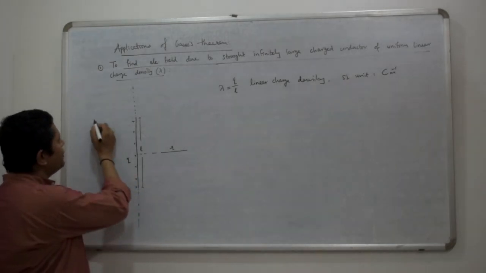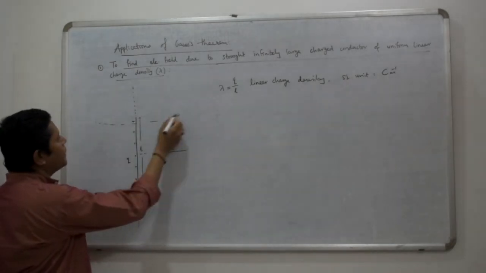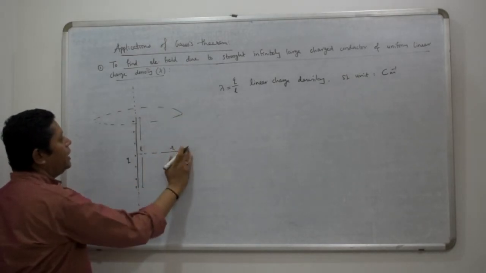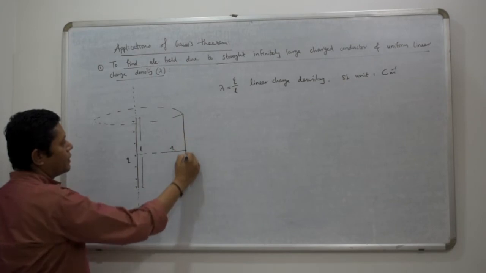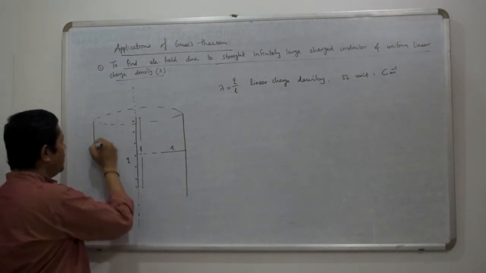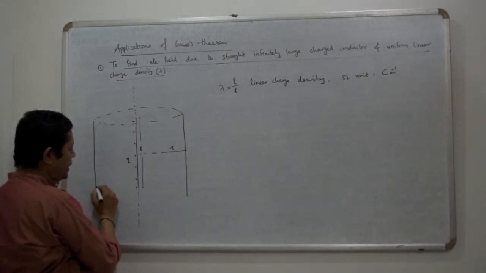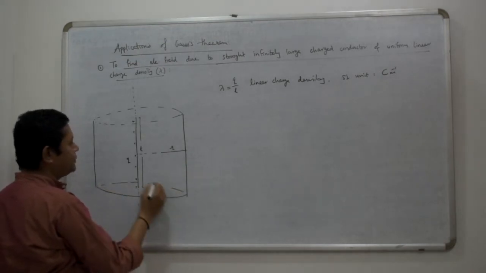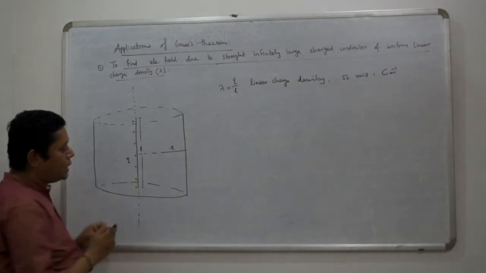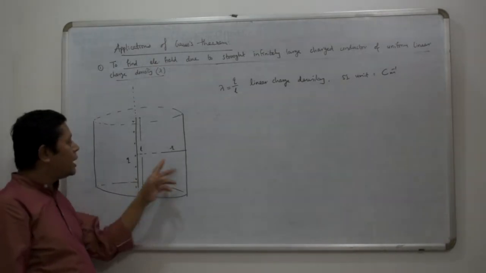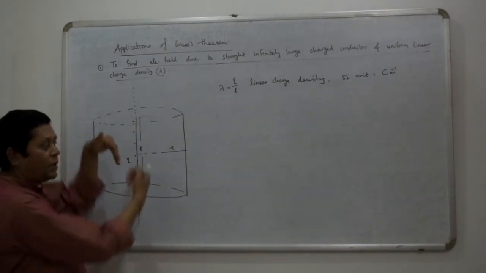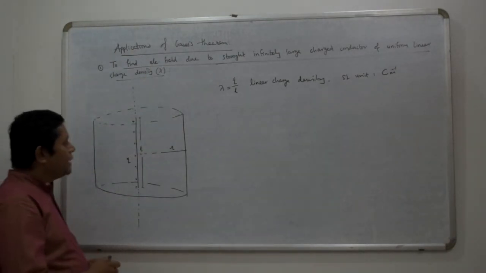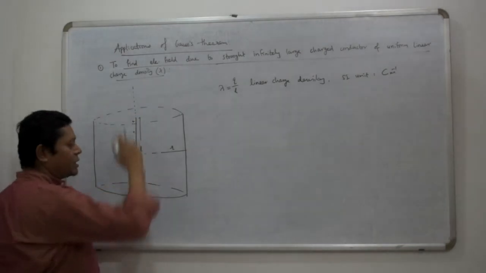If we consider a uniformly shaped surface, it is a cylinder, an infinitely large cylinder of radius r. The distance is r, so the radius is also r, and the length of the cylinder is L. If it is infinitely large, then accordingly, whatever is the length of the conductor, you can consider the length of the Gaussian surface.